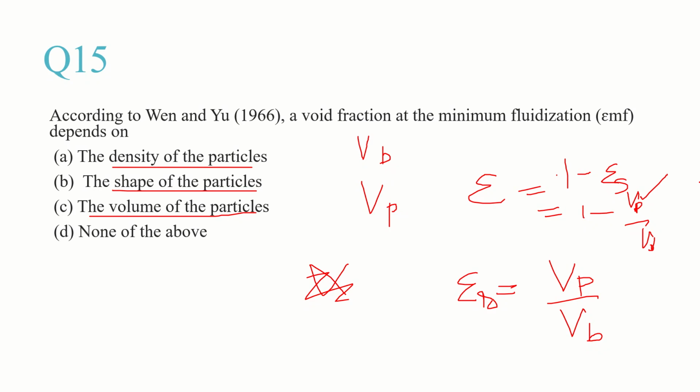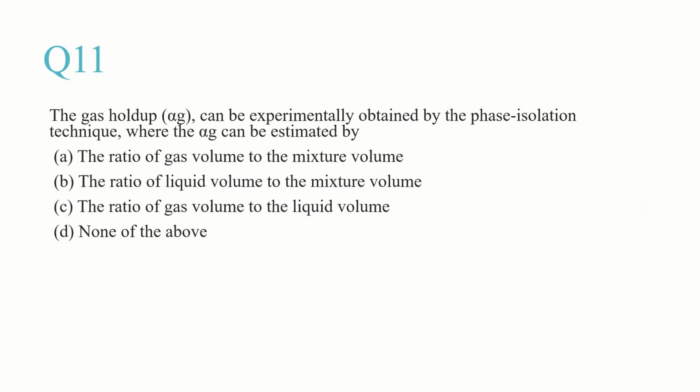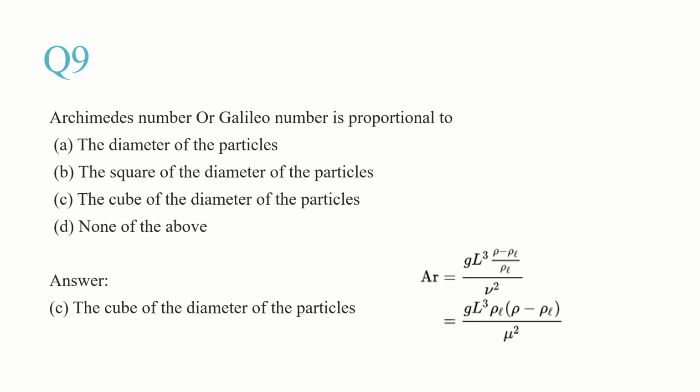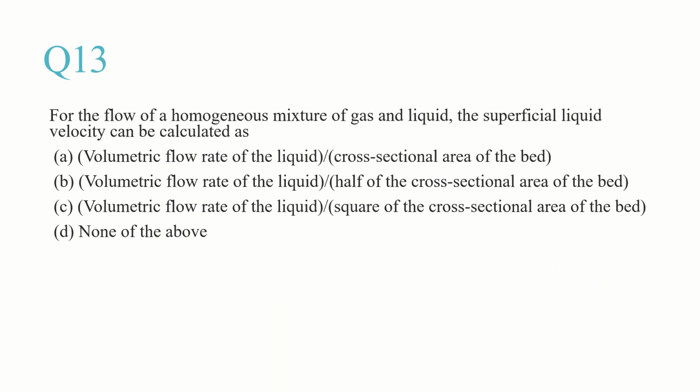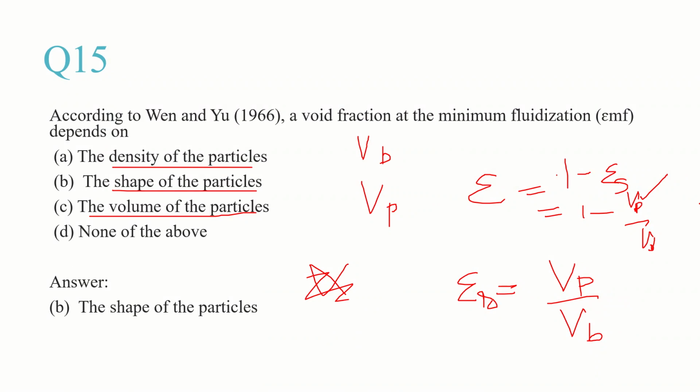For example, consider Wen and Yu, it is similar to the Ergun equation. In general, that is the condition for the void fraction at minimum fluidization.